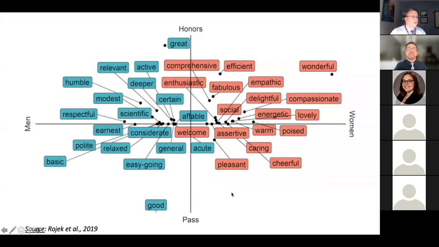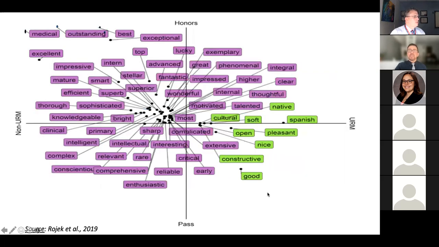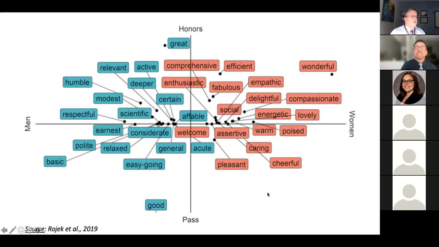Now what I'd like to do is look at the terms used to describe men more frequently, and tell me what you're seeing here. Anybody? Somebody is saying that it's difficult to remediate when terms have to do with personality, really.